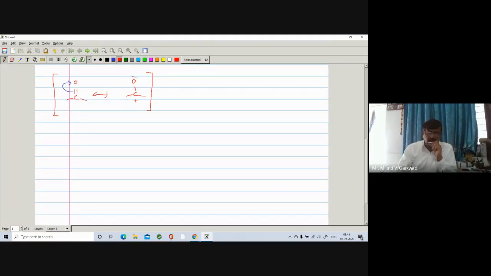Now the carbonyl carbon is having positive charge, so it undergoes addition reaction. In addition reaction, if the nucleophile attacks first, then it is a nucleophilic addition reaction.